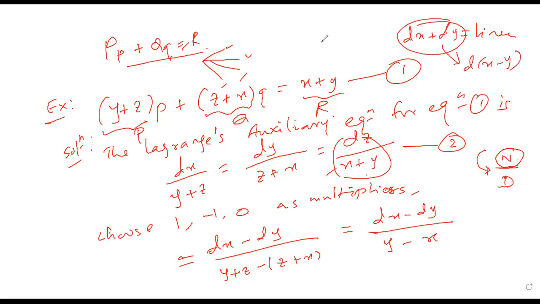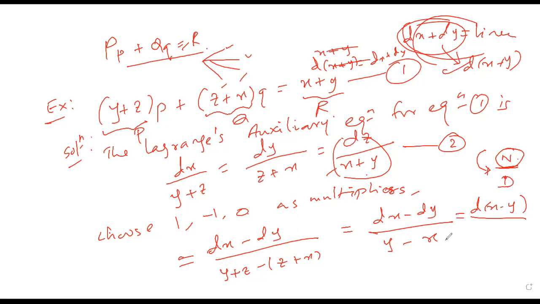So for example, if it is x plus y and you take the derivative, d of x plus y is equal to what? dx plus dy, no? So this is a linear operation, okay. So I can write this one also as d of x minus y. Here I have y minus x now, so I'm going to make it x minus y.